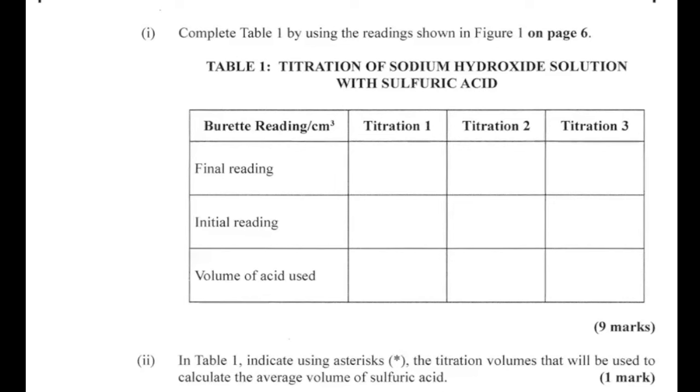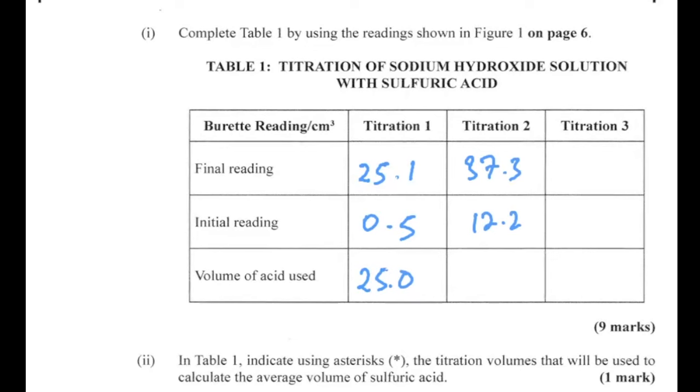Okay, so let us fill out our readings. Final reading titration 1, we said it's 25.1, initial 0.5. The volume used would be the final reading minus the initial reading, so that would give us 25.0. Titration 2, this was 37.3, 12.2.